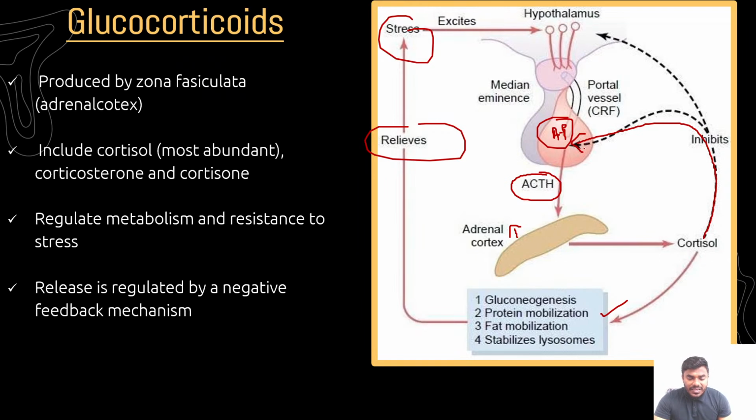When we send a signal, what signal? That the cortisol concentration is getting elevated, it is getting increased. Then the anterior pituitary gland stops secreting the ACTH. Then please follow me very correctly, friends.